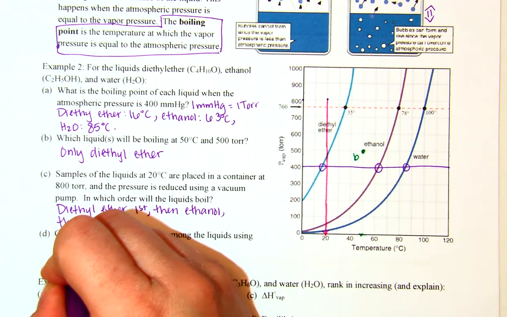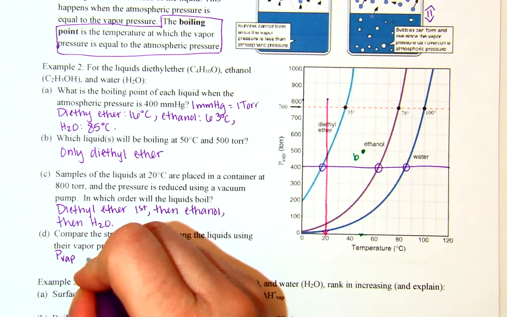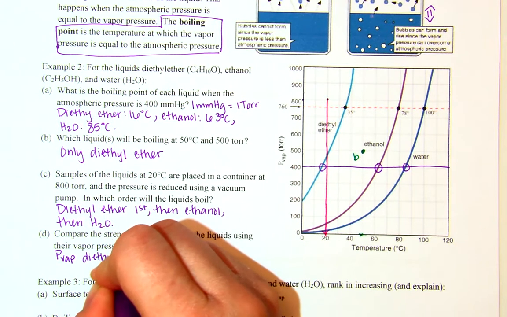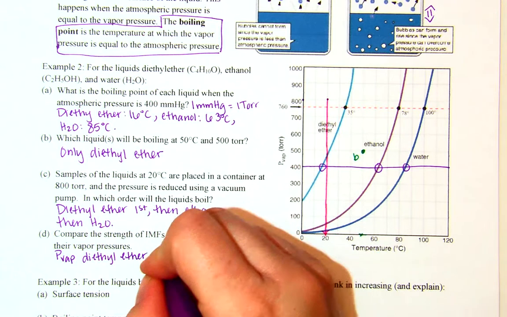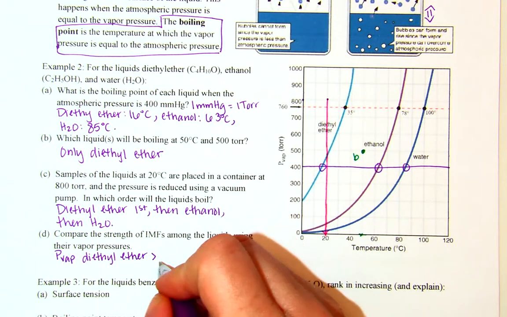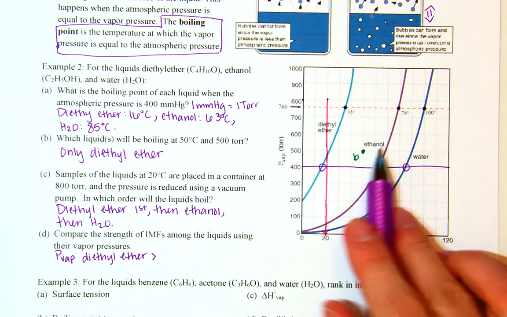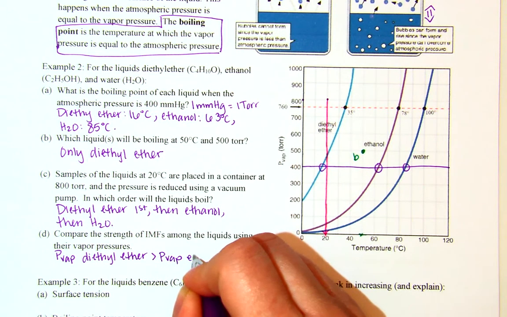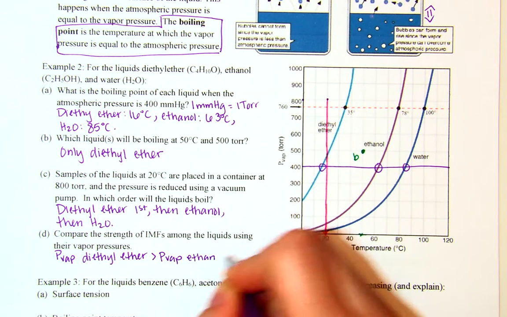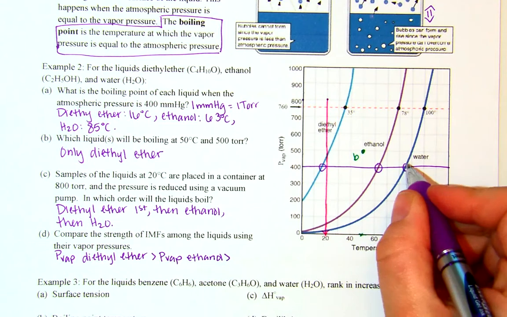So let's rank the vapor pressures first. So PVAP of diethyl ether was highest, and that's going to be greater than the ethanol, followed by the water.